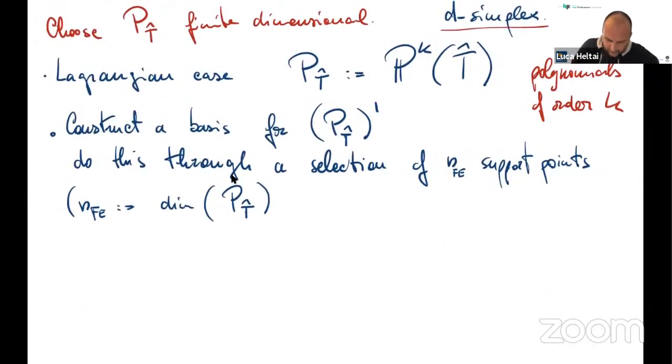And as we said, P of T hat for general dimensions D, we had the following properties. So this is exactly equal to the dimension of polynomials of order K on T hat.